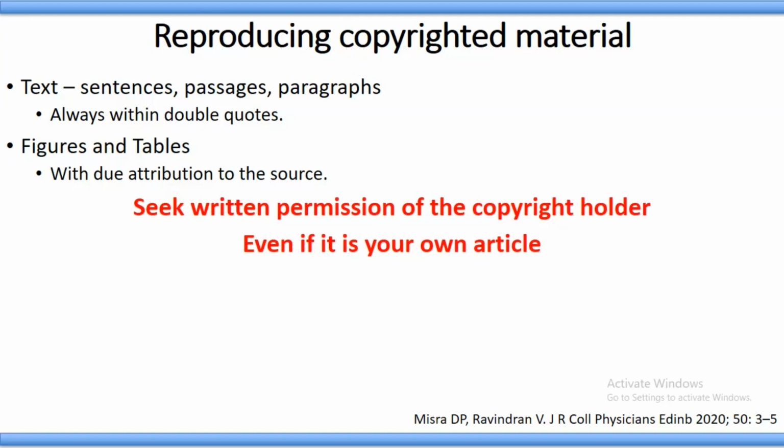And this is very important. You may think, I have produced this material, why do I need to seek permission? Because you hand over copyright to the publisher. Once the article is accepted, if it's a subscription model publication, then you hand over the copyright to the publisher. So even to reproduce or adapt such content, you need to seek permission for reproduction.